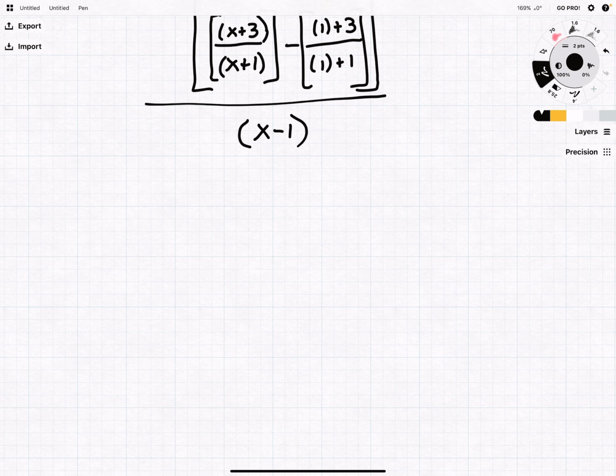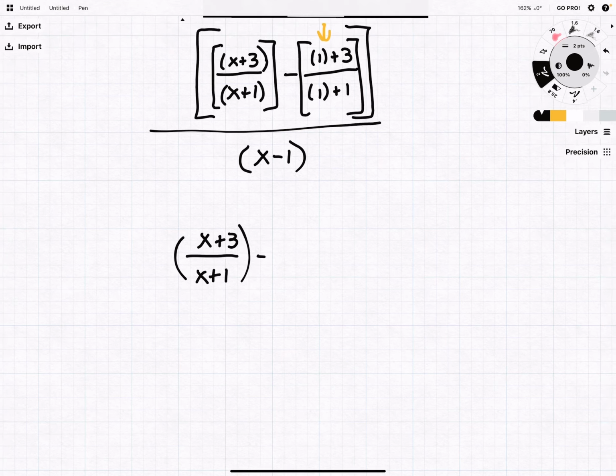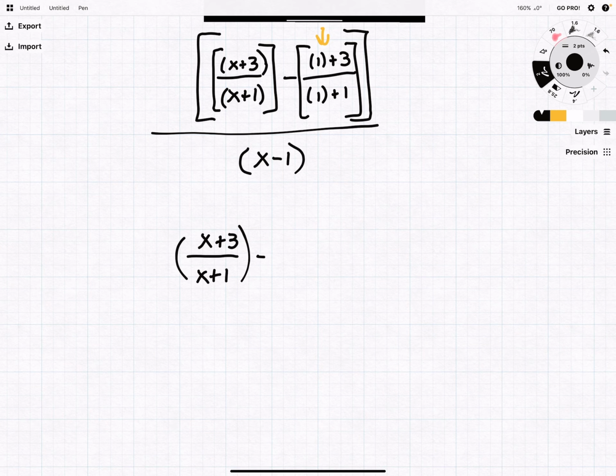Okay, now that we've done that, let's go ahead and simplify some things on this right side. So we still have (x plus 3) over (x plus 1), right, on the left side. Minus, now 1 plus 3 is 4, 1 plus 1 is 2, so minus 4 over 2, all over x minus 1. Okay, good.